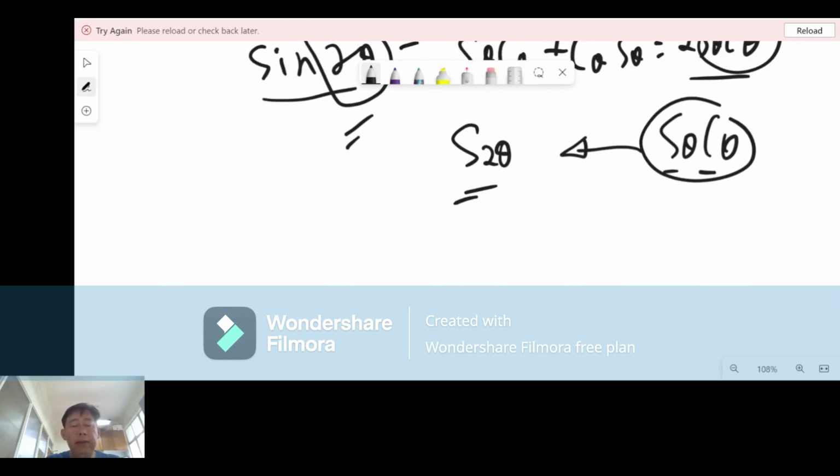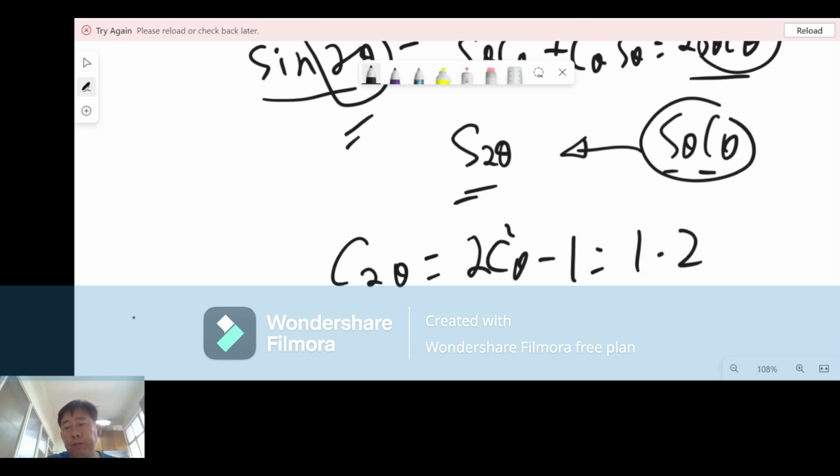On the other hand, the cos of 2 theta can be expressed as 2 cos square theta minus 1 or 1 minus 2 sine square theta. This has a similar function. That is, if you have the square of a cos or the square of a sine, you can relate the square of a cos or the square of a sine to a single trigonometric function of only cos 2 theta.